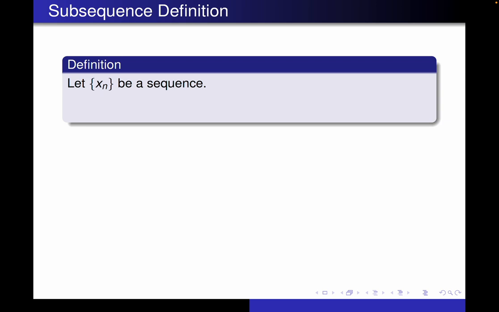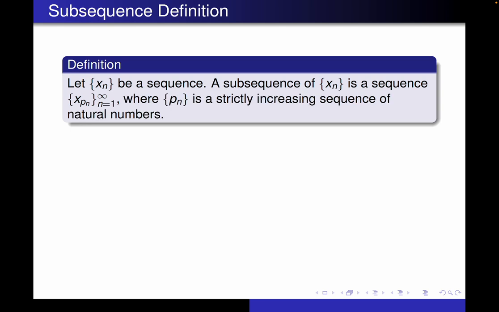So that leads us to our definition. Let xn be a sequence. A subsequence of xn is a sequence x sub pn, where pn is a strictly increasing sequence of natural numbers.